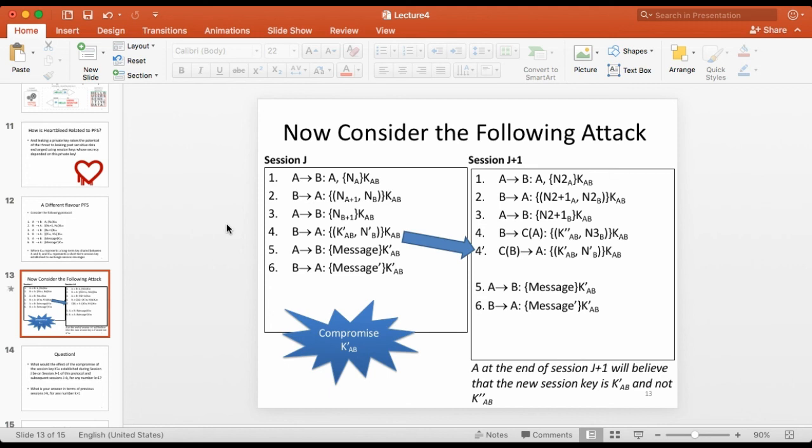If you're compromising some long-term password, you're not studying the effect on backward historical communications that may have involved the use of that password, but you're instead studying the effect from a forward or futuristic point of view. So will this compromise lead to compromises of future long-term keys that are created or proposed in future sessions?